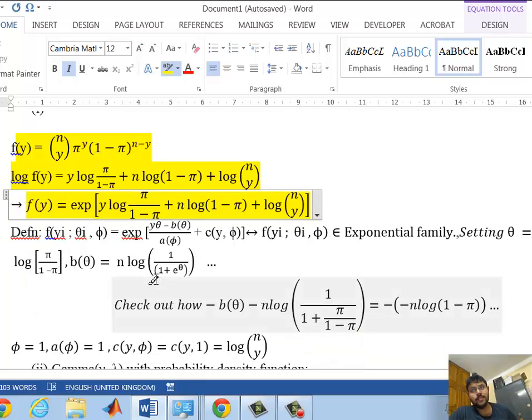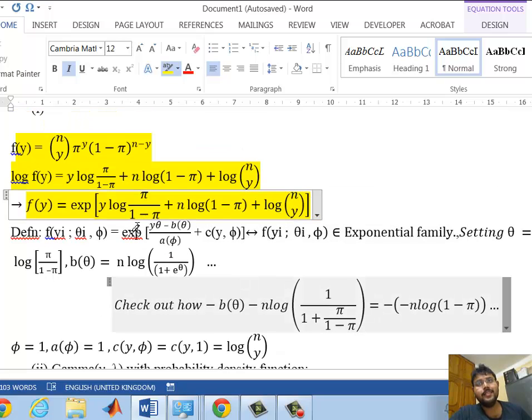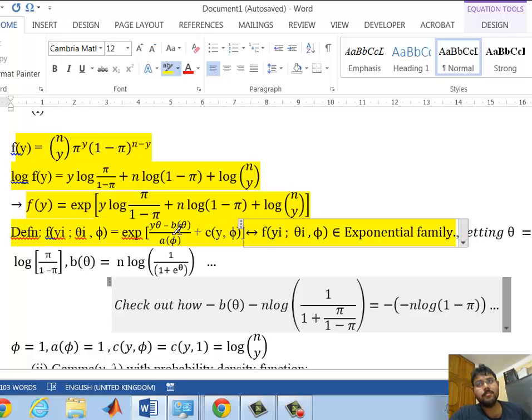which converts y into theta. So we have a y, we have a theta, minus b of theta by a phi, and we have a c term. That's why I was asking you to concentrate on this, because this part of the definition is where you want to lead your terms towards.